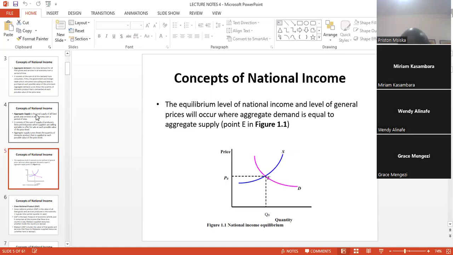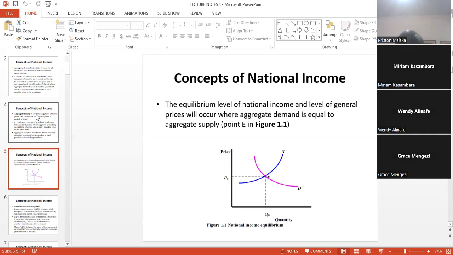Now you can see that if we take, for example, maize, we'll have all the suppliers of maize represented by this line called S, and all the consumers or customers of maize are represented by this curve called D. And then we have a clearing price there.